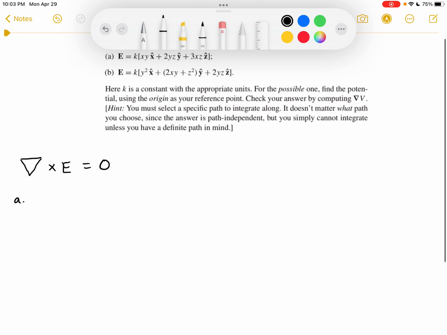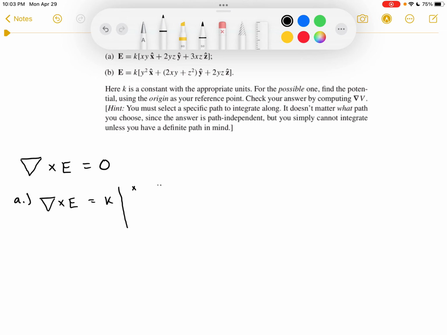So for A, the curl is equal to K for our matrix.